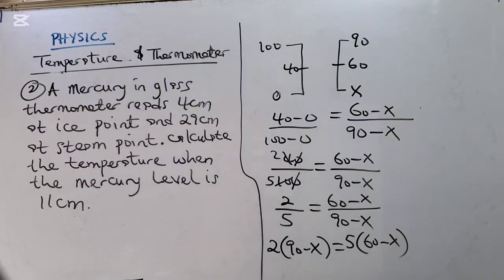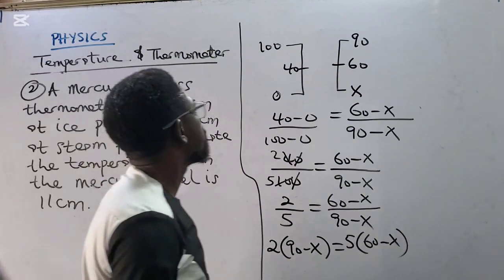Now, for a question like this, a mercury-in-glass thermometer has 4 cm at ice point and 29 cm at steam point. Calculate the temperature when the mercury level is 11 centimeter.